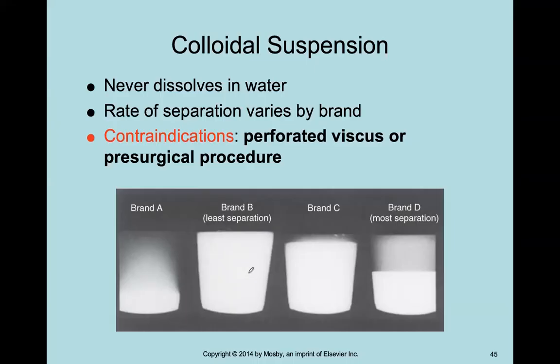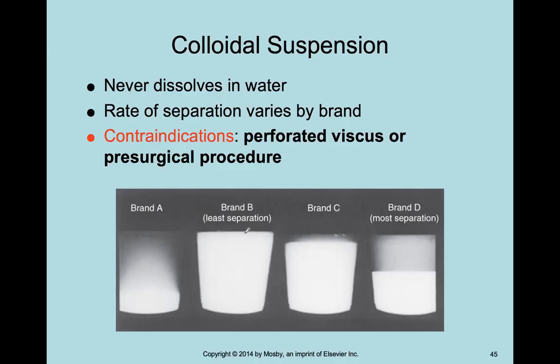So if we have a patient with a possible perforation in their stomach or viscous, anywhere in their abdomen, and we give them barium, what's going to happen? This barium is going to leak out into the peritoneal cavity, and it's going to stay there. It's like this chalk-like consistency, and it becomes hard and heavy.